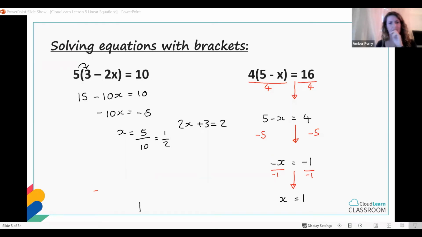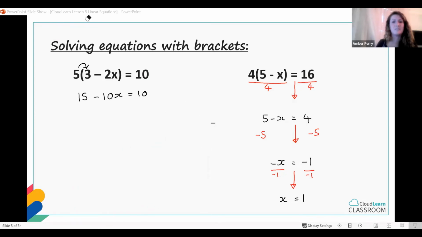Would it have made sense to take the 15 over to the 10, then we'd have 10 minus 15, and then the negative 10x on the other side, and then negative 10 divided by negative 15? Sorry, right, with this method here, we've got 15, so we subtract the 15 from both sides. 10 minus 15 is minus 5.